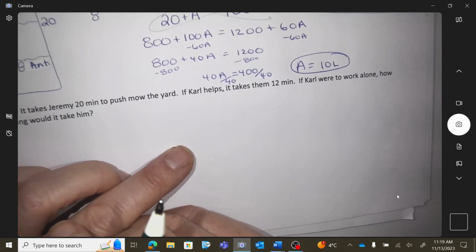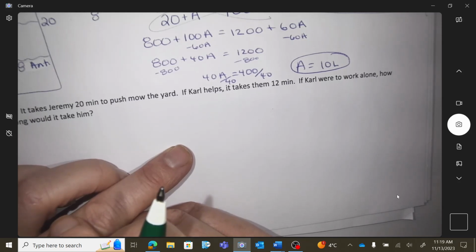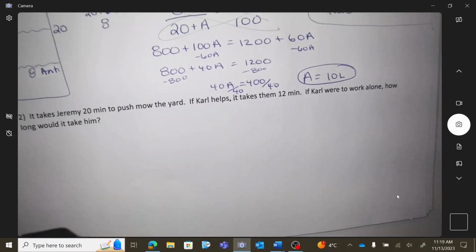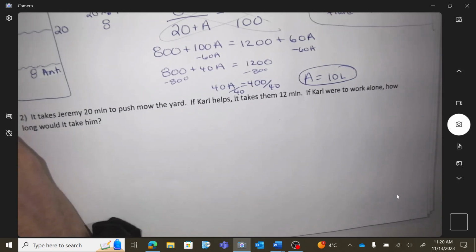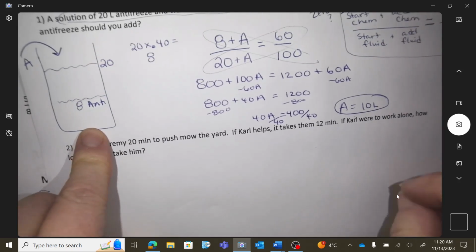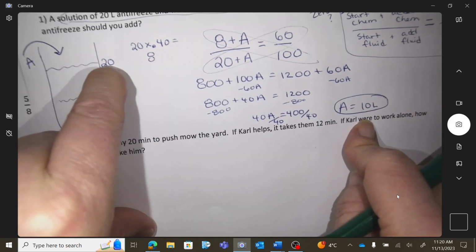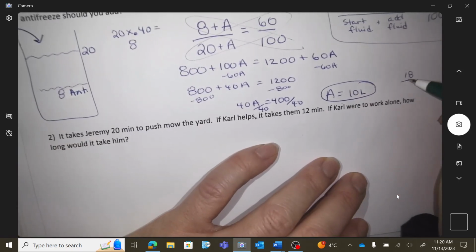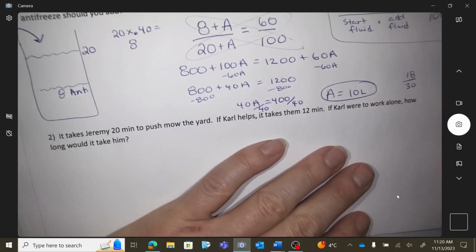So my final answer is I'm going to have to add 10 liters of antifreeze to the jug. Okay, so do you see what your total jug would look like? If you added 10, you would technically have 18 chemical liters. And if you added 10, you would have 30. So 18 divided by 30 equals 0.6, which was our goal.